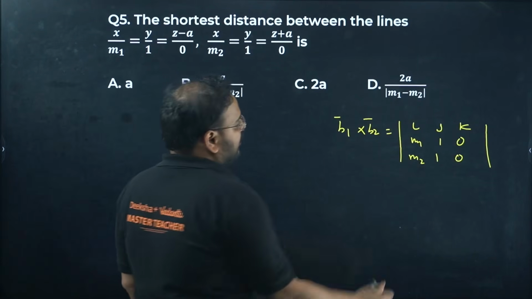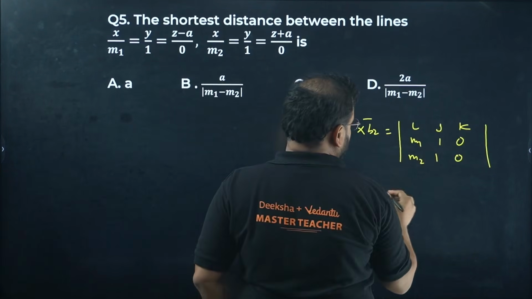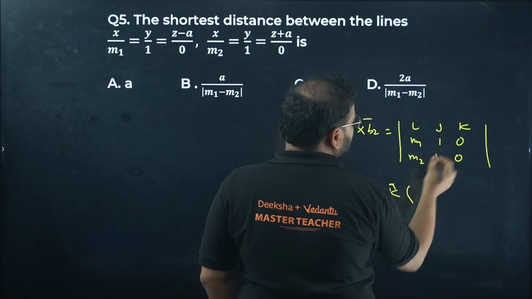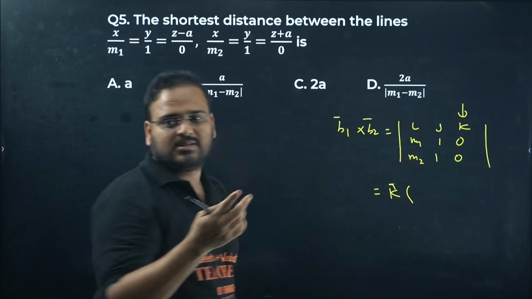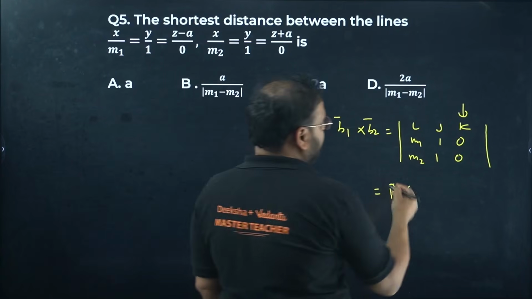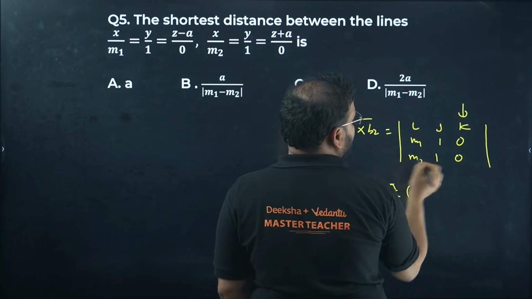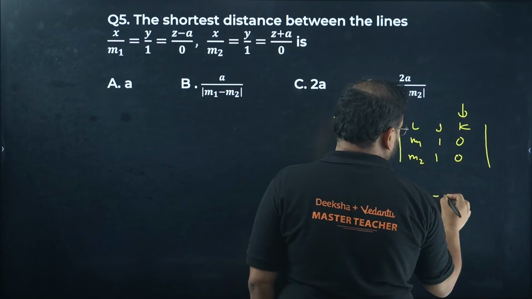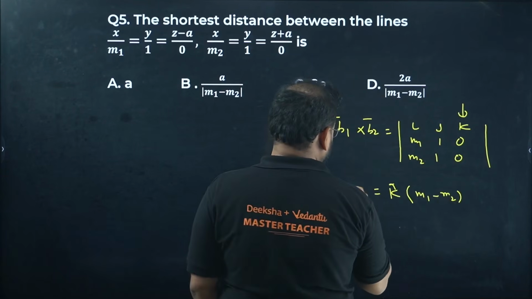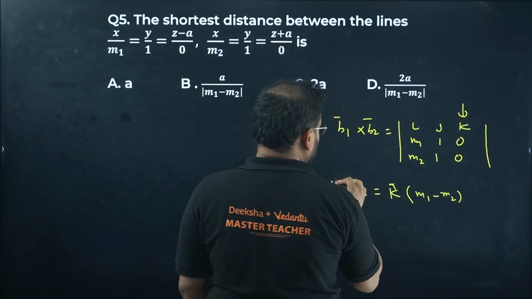Check carefully: we can find only the k cap component, because this particular column has two zeros, so I can simply use the last one to avoid wasting time in calculations. So m1 into 1, m1 minus m2, is the vector b1 cross b2.